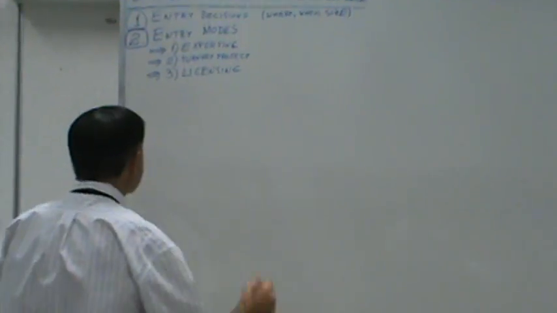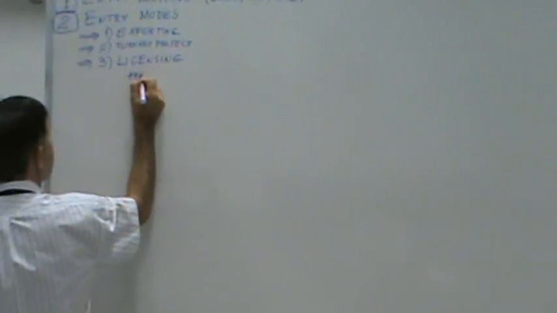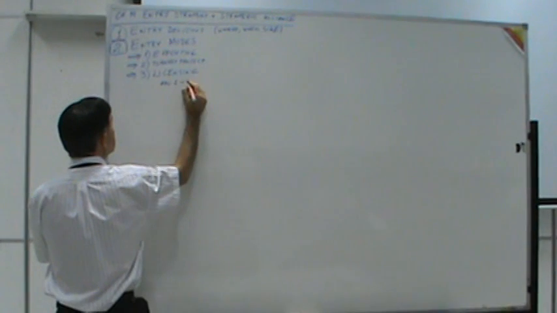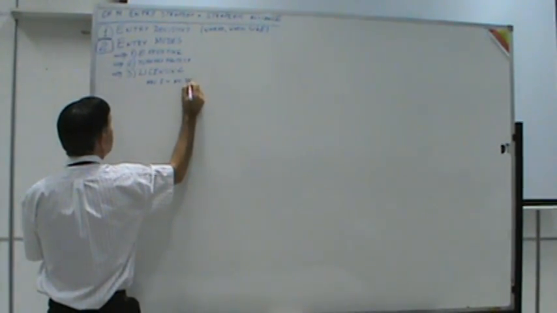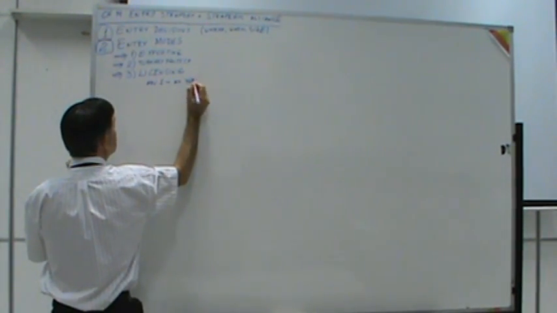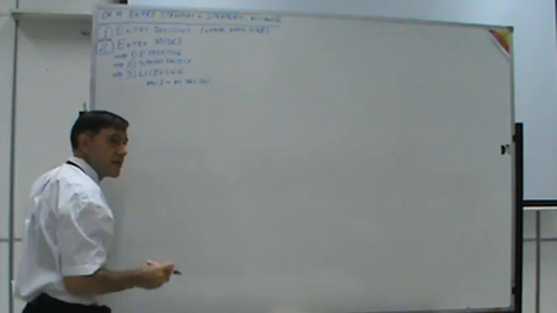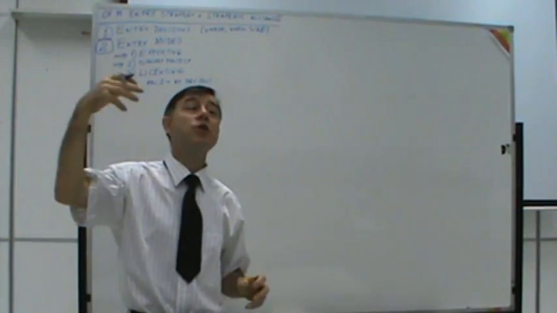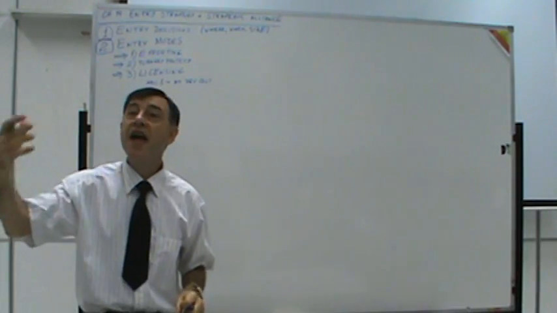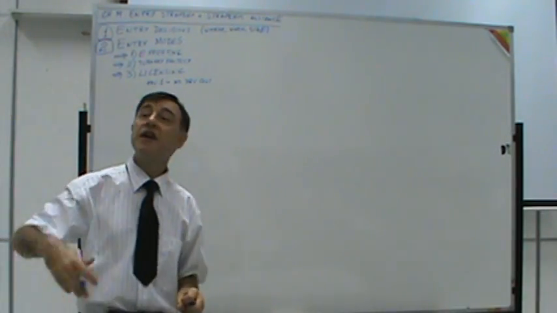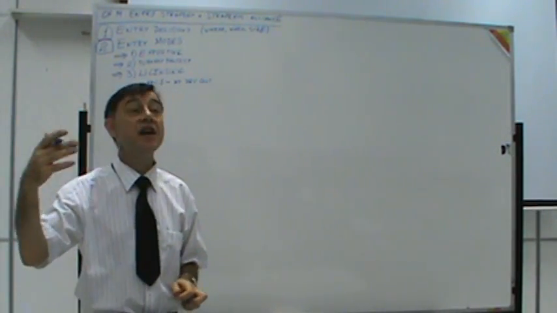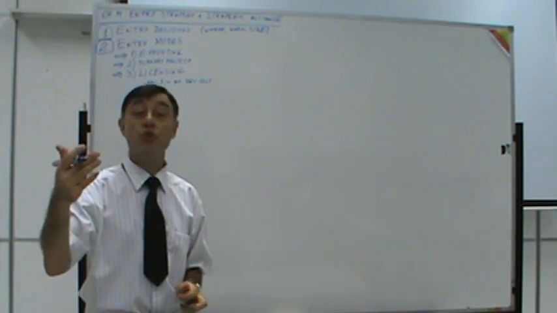Licensing. The first big advantage is no development cost. You don't spend a lot of money. You license it to them, they do the work. They build it, they invest in it, they risk it.